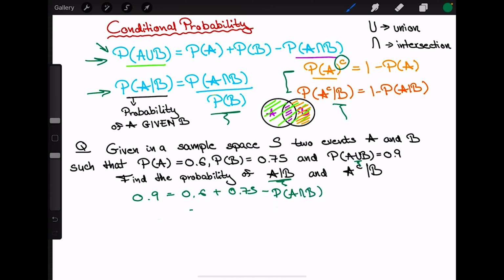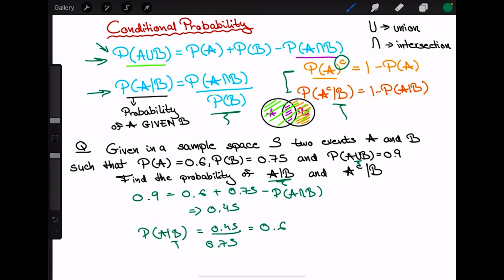If you were to calculate this, your answer would be 0.45. Then you can solve for A given B, which is 0.45 divided by the probability of the given value, 0.75, and you'll get 0.6.